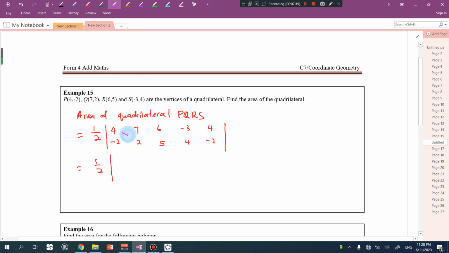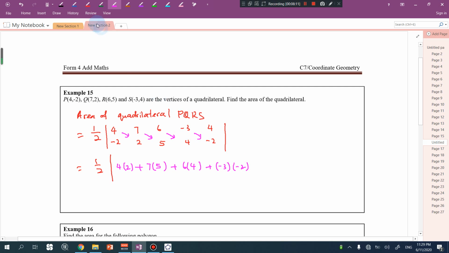Go this way first. 4 times 2 plus 7 times 5 plus 6 times 4 plus, when you have a negative, be more careful, negative 3 times negative 2.